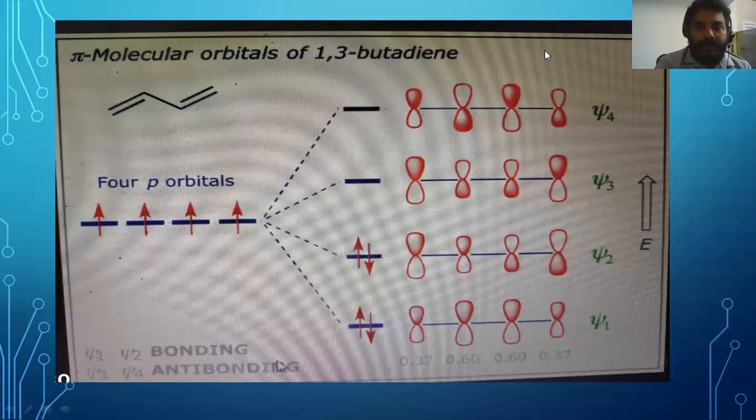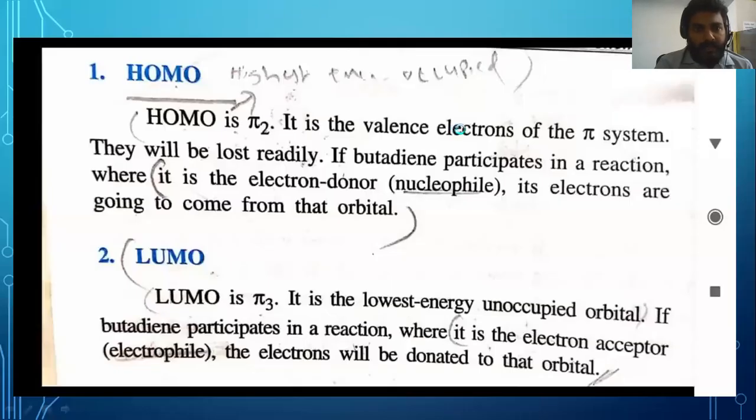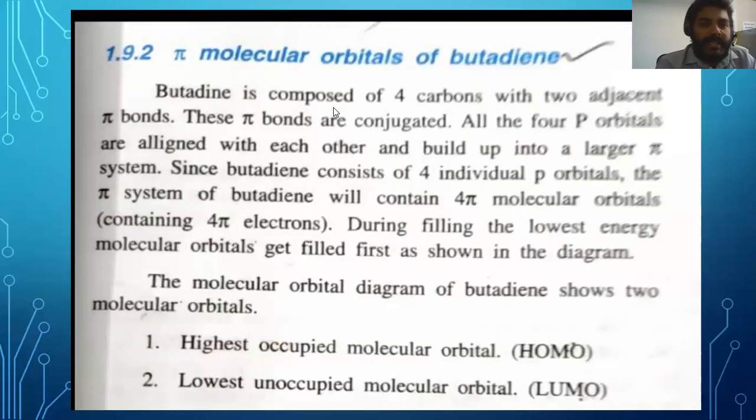Before going to the explanation, a short introduction of 1,3-butadiene. Butadiene is composed of 4 carbons with two adjacent pi bonds. These pi bonds are conjugated.